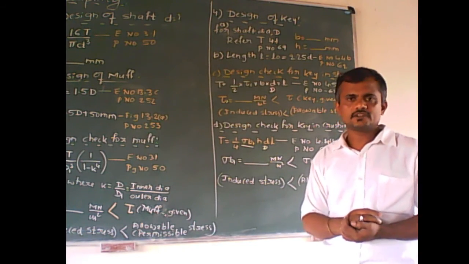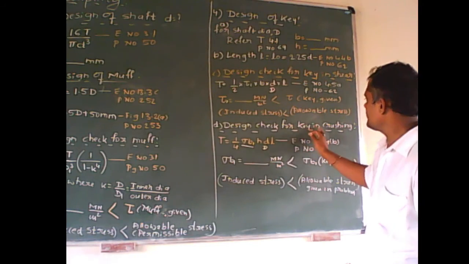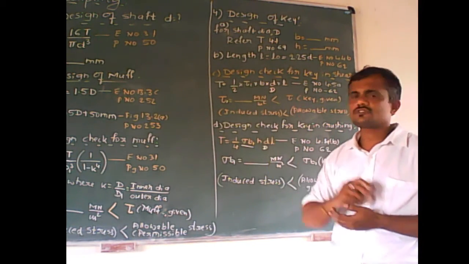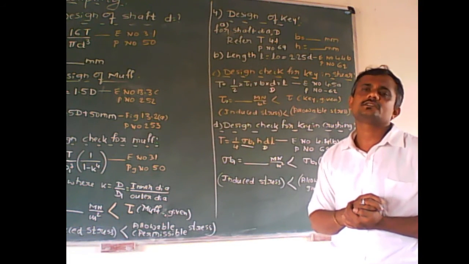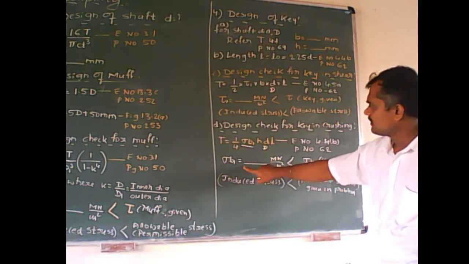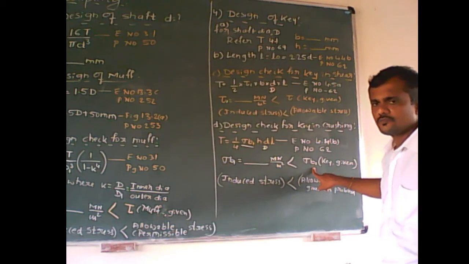If it is not safe, then we can understand that the key may fail due to crushing. During the power transmission of a shaft, the key may be under shear and crushing stress and it may fail. So in order to check that, this calculated value should be less, and the given value should be more.